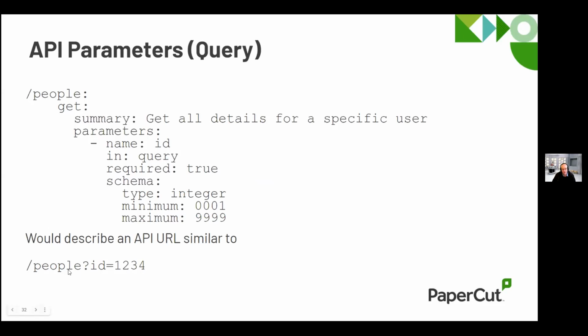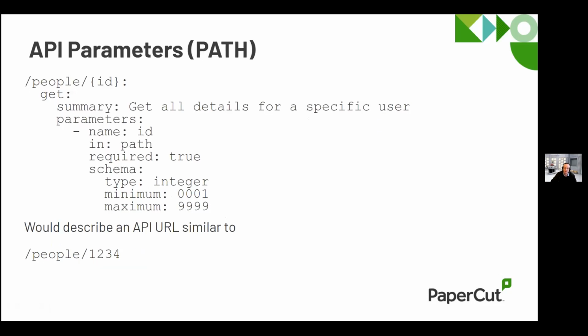So it's the /people, then it's the query, which starts with a question mark, and then the name of the field, which is ID. The fact it's a query field, so it appears here, doesn't appear elsewhere, and it's a type integer, and it's got a minimum and maximum value. So we're actually documenting a reasonable amount about the specifics of how to call this.